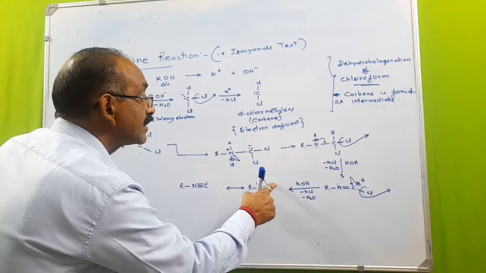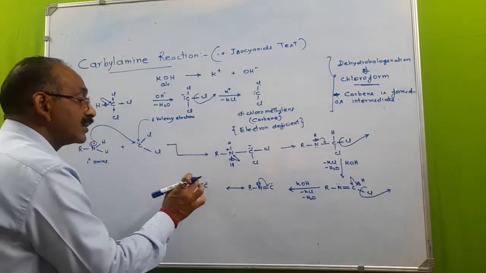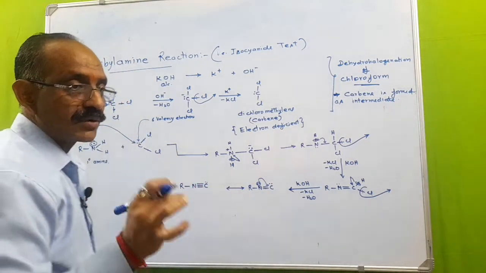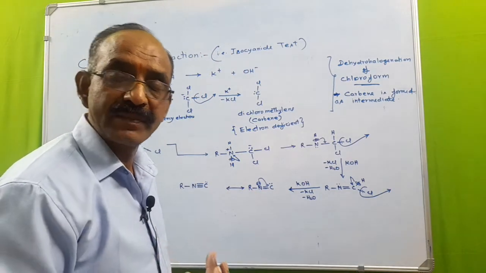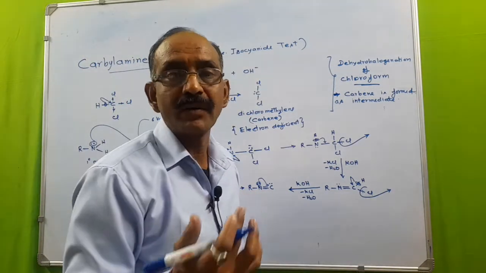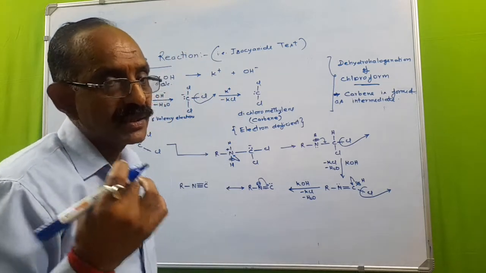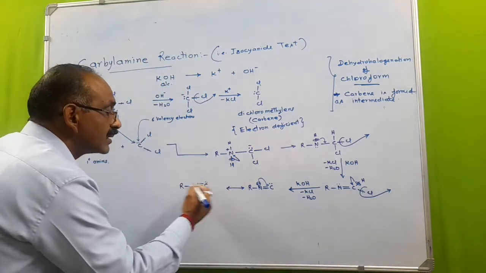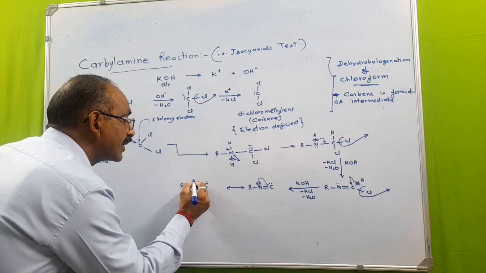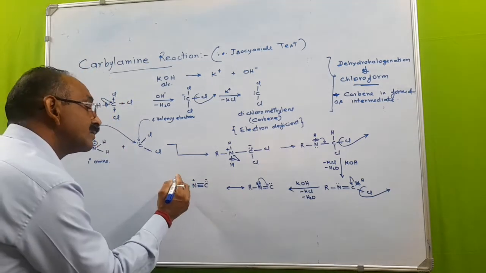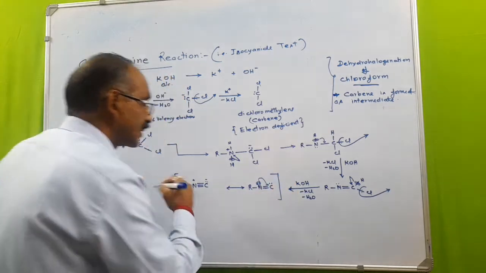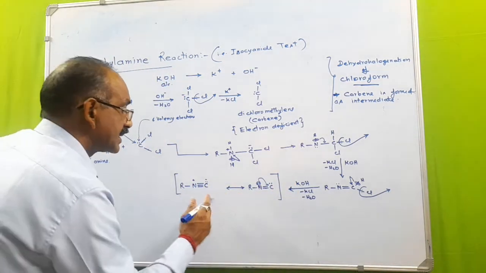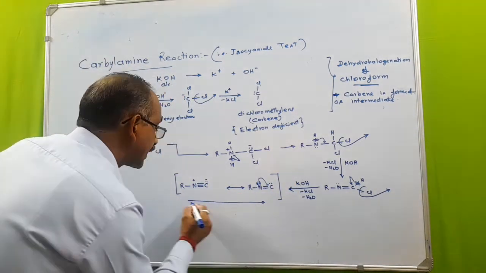Already one lone pair was here. Now as you know, once the coordinate bond is formed, one cannot make a difference between the normal covalent bond and coordinate bond. Yes, the only difference is that this bond is having a slight polarity. So you will get this type of structure. Here there will be resonance. These are the resonating structures.